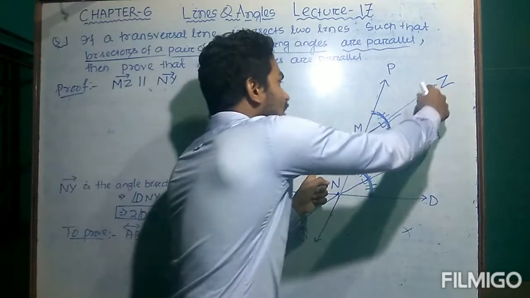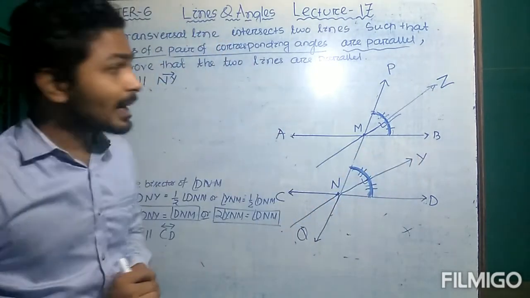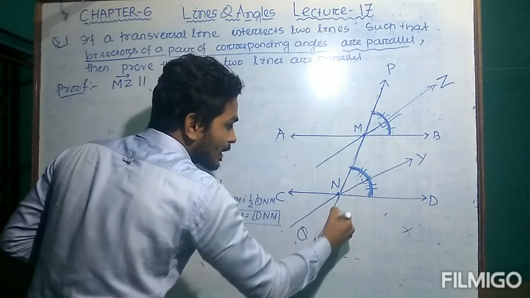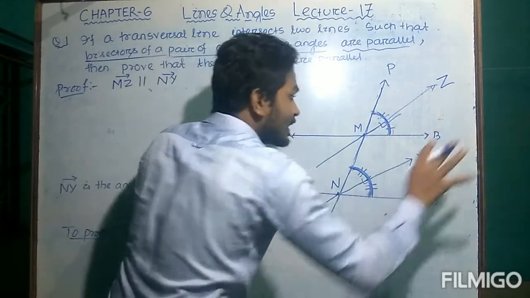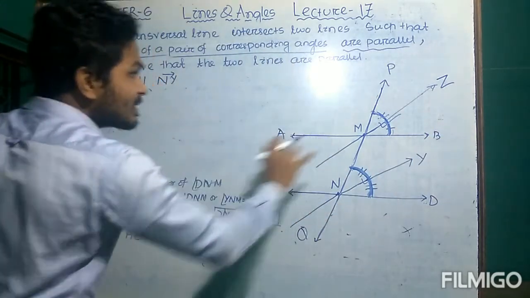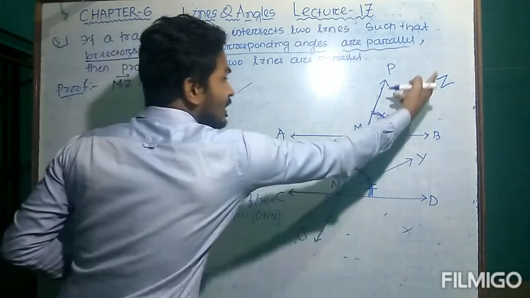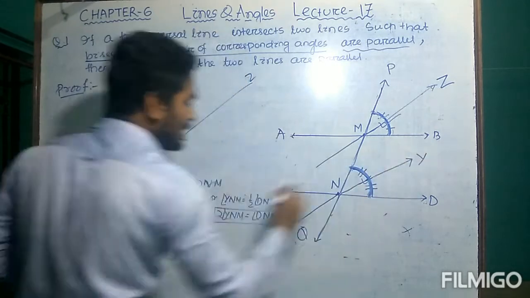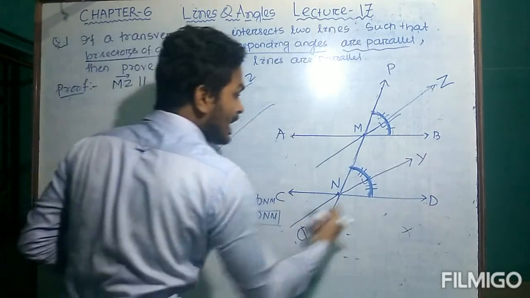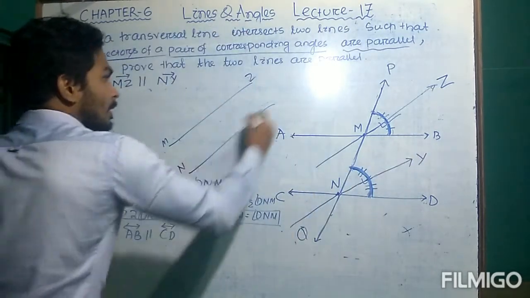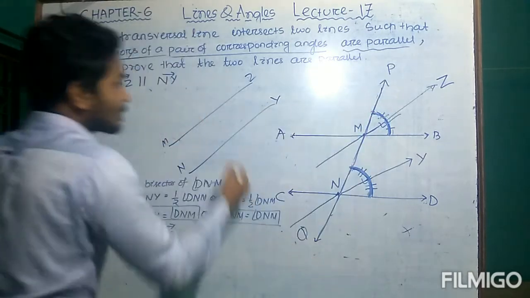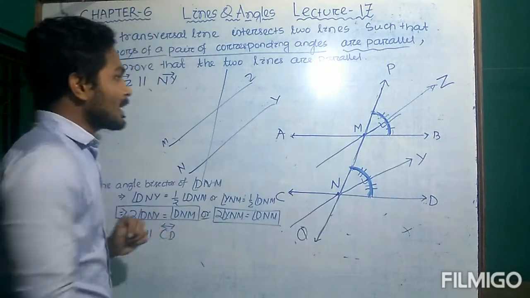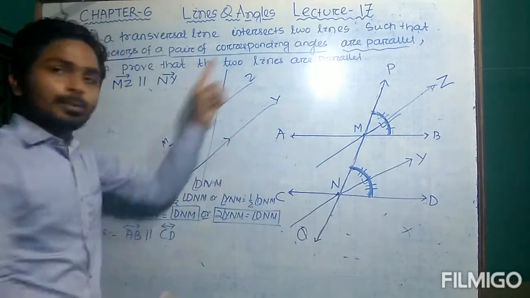This line is parallel to this line, and this is the transversal line. Forget about AB and CD. Only consider this line, suppose this is your MZ and another line NY, and PQ is the transversal line. These two lines are parallel, it is given in the question.